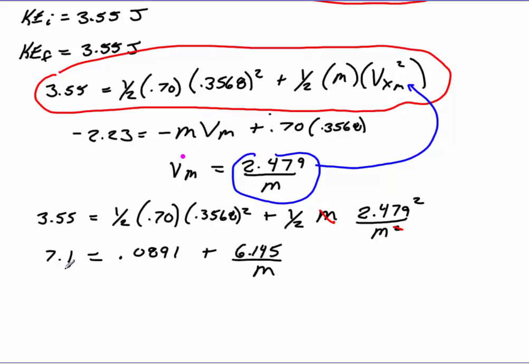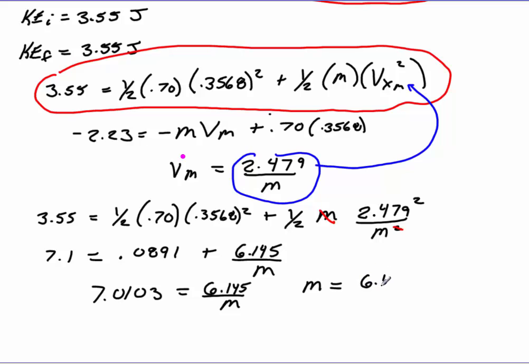Move this to the other side. I got 7.1 minus 0.0891, and that's going to give me 7.0103 is equal to 6.145 over m. So bring the m up, bring the 7.0103 down.